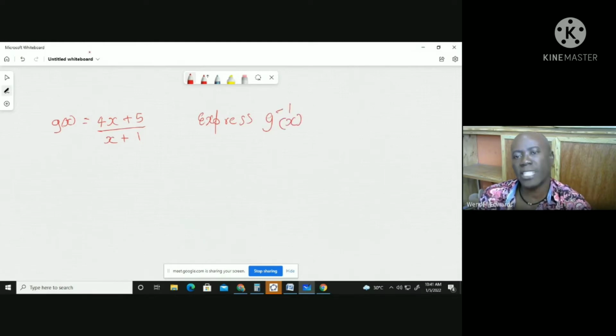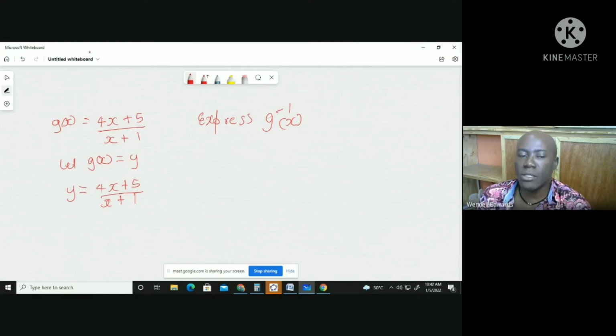Let us start off by saying let g of x equal to y. So now we're going to write everything using y is equal to 4x plus 5 all over x plus 1.